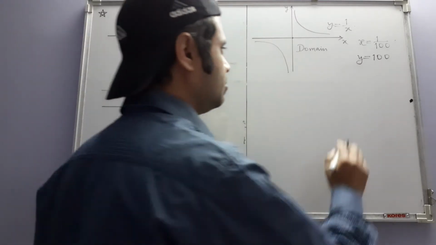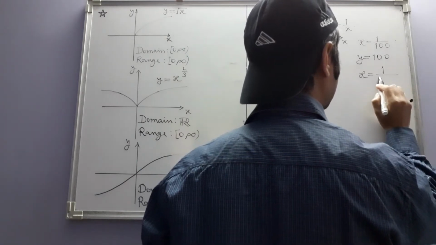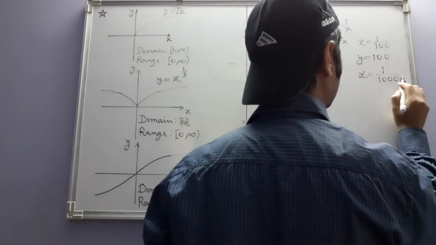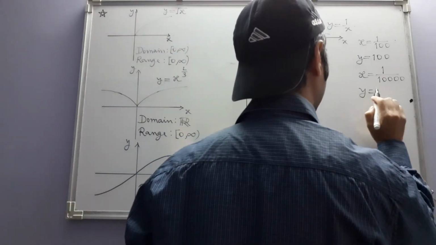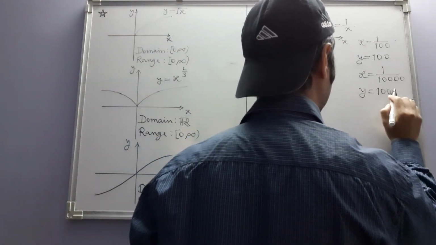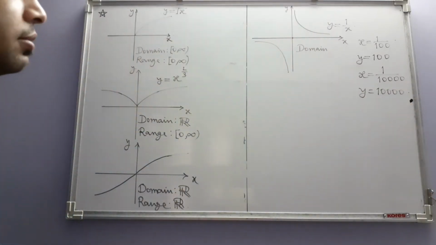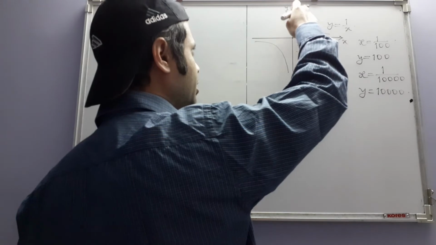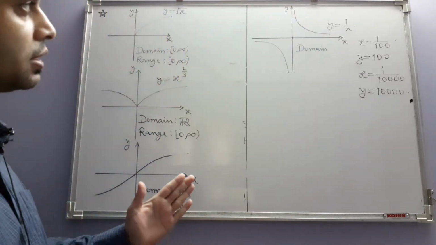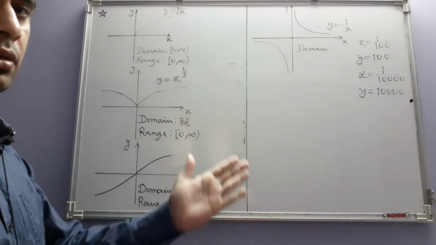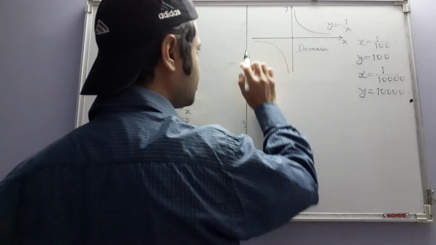Like that, if x is 1 over 10,000 suppose, then y is 10,000. So that's why this part of the graph rises steeply, and the steepness itself keeps on getting more and more.